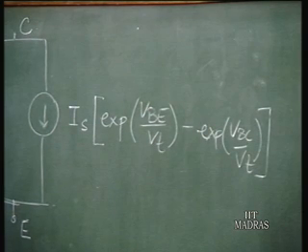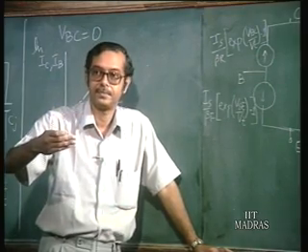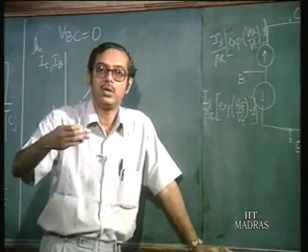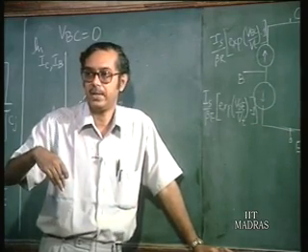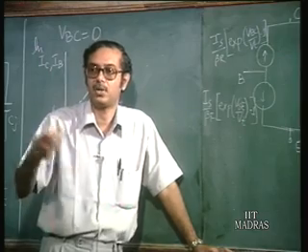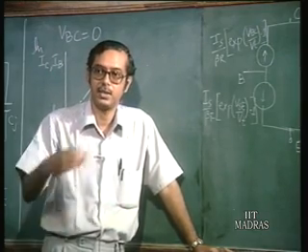And so, when VBC is becoming negative, it actually means that VCE is increased. So, it does not really have any effect on the IC by IB ratio. It still remains more or less equal to beta f.